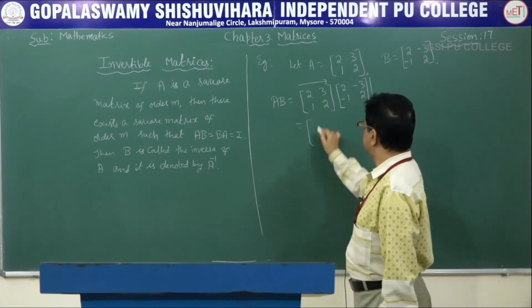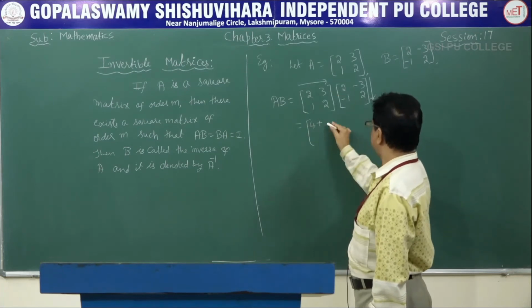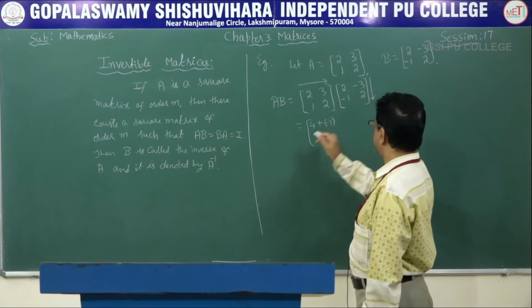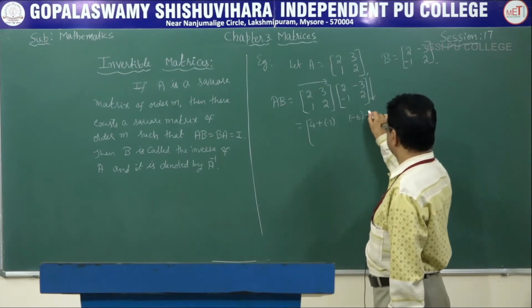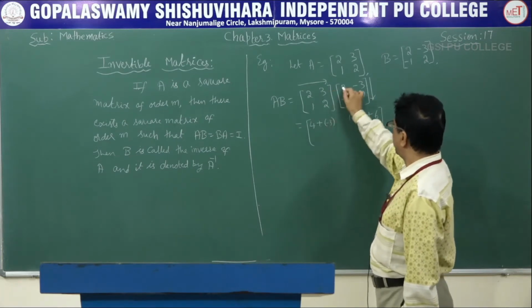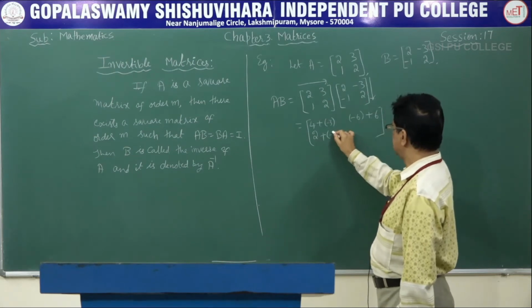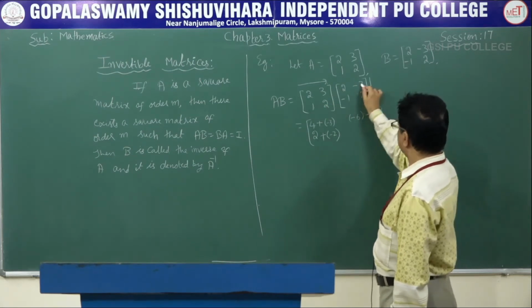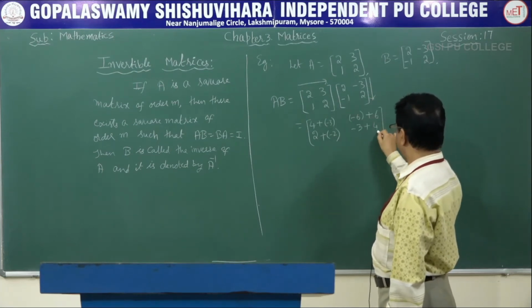Which is equal to 2 into 2, 4 plus 3 into minus 1 is minus 3. 2 into minus 3 minus 6 plus 3 into 2, 6. 1 into 2, 2 plus 2 into minus 1 minus 2. 1 into minus 3 plus 2 into 2, 4.